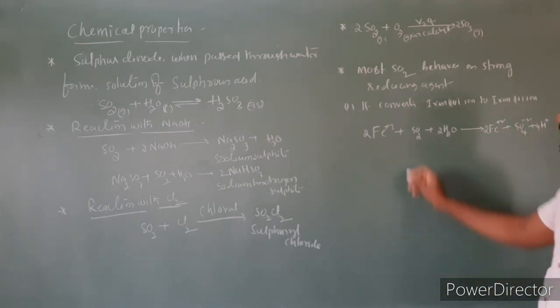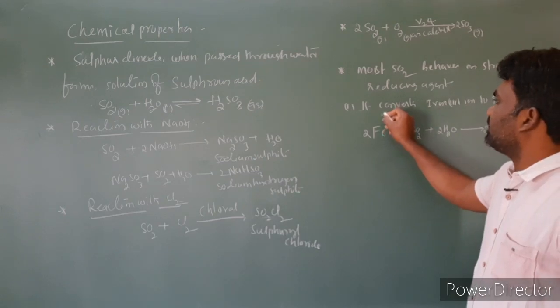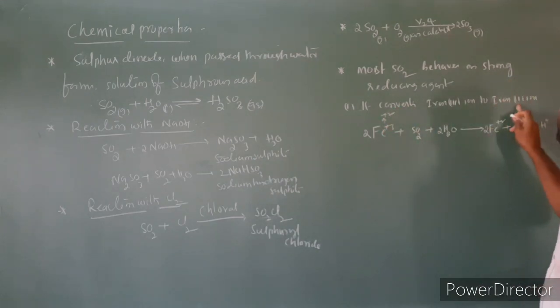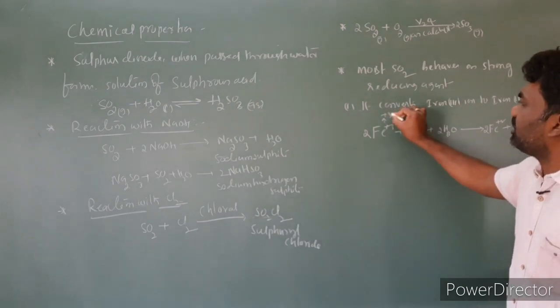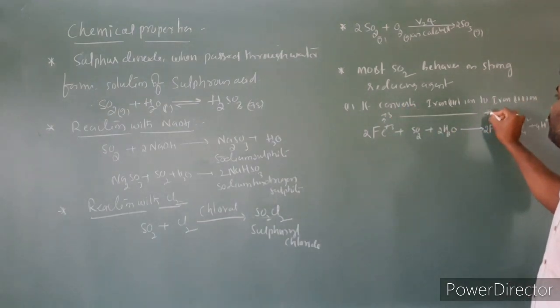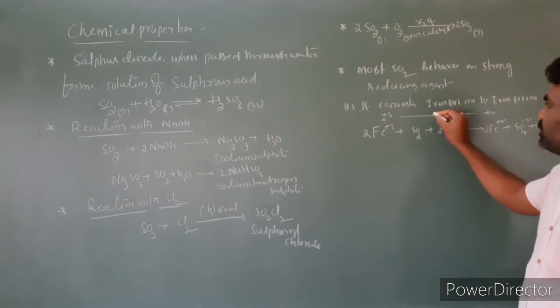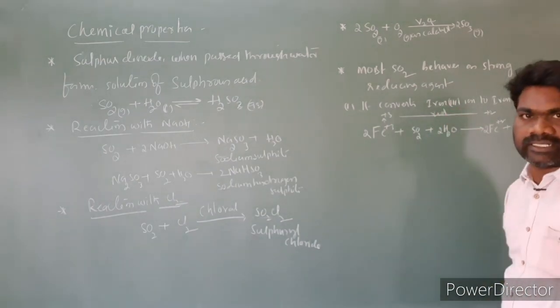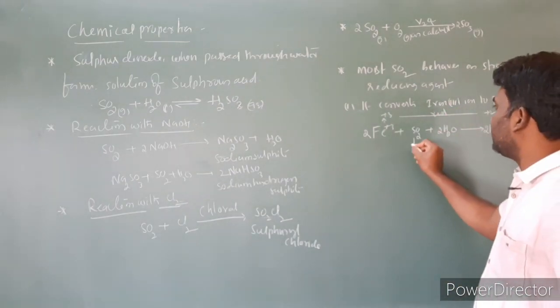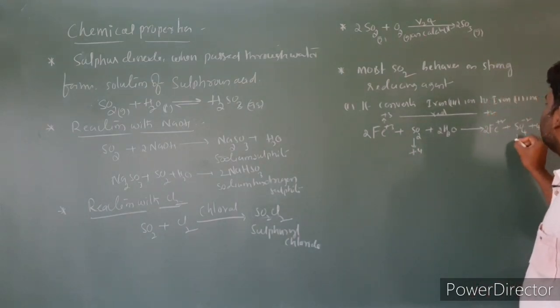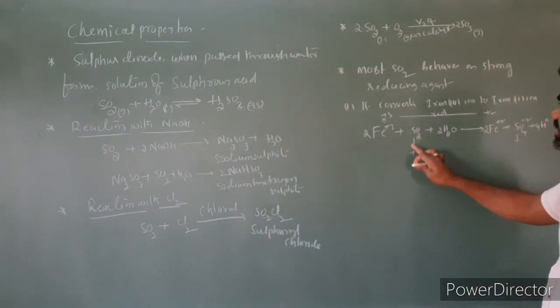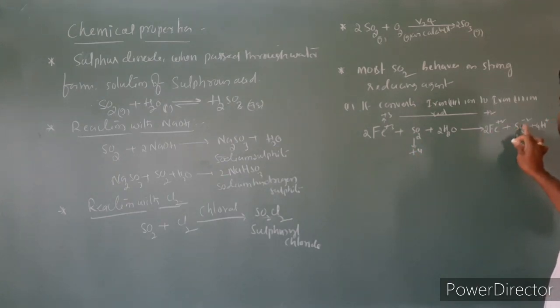Look at this reaction. Iron 3 ion to iron 2 ion: the oxidation number is plus 3 converting into plus 2. Decreasing oxidation number we have to call a reduction, isn't it? Here sulfur in sulfur dioxide is plus 4. In SO4 minus 2, the oxidation number of sulfur is plus 6.